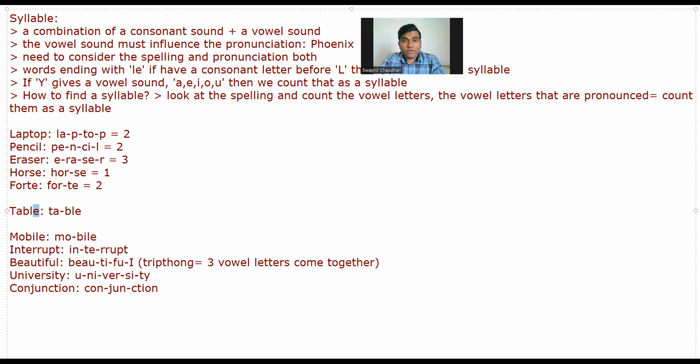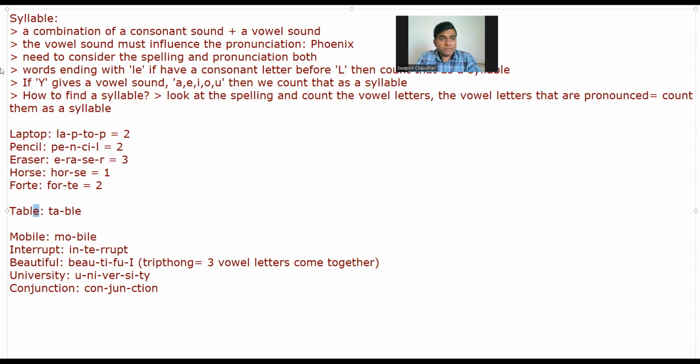However, now I want to request you to look at our rule number 4. So that is another rule. All the words ending with LE, if they have a consonant letter before L, then we count that as a syllable. So do we have a word ending with LE? Yes, this word is ending with LE. And before L, what letter do we have?